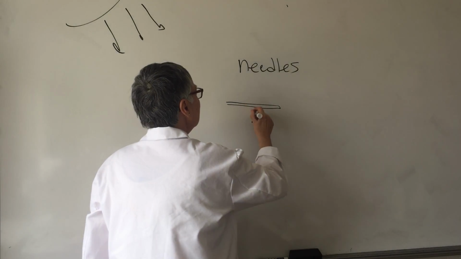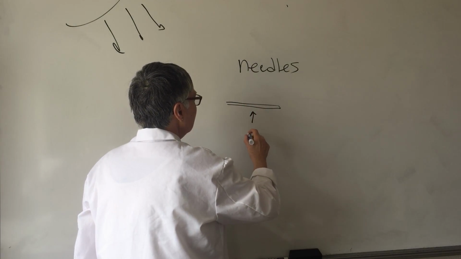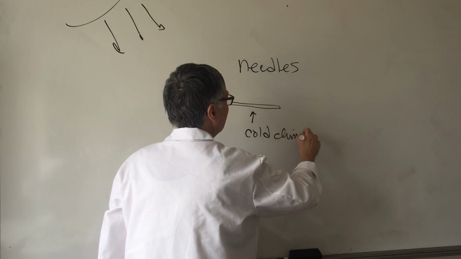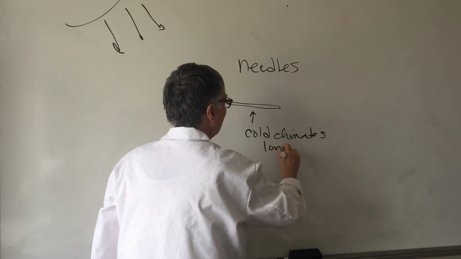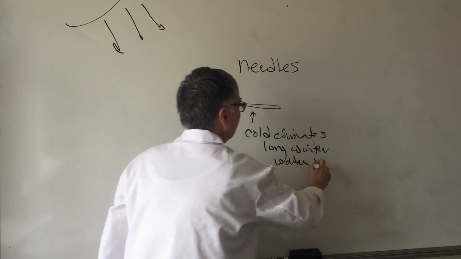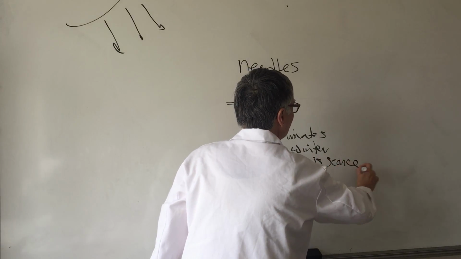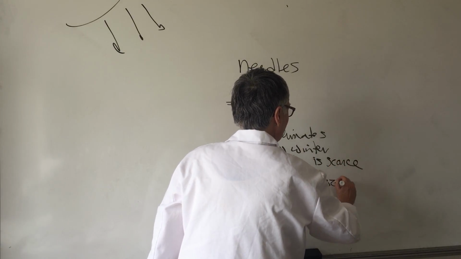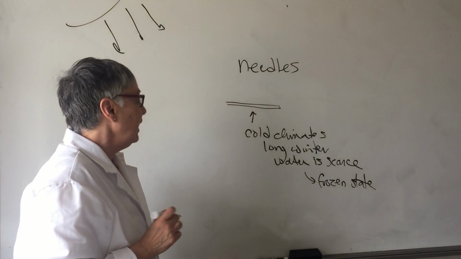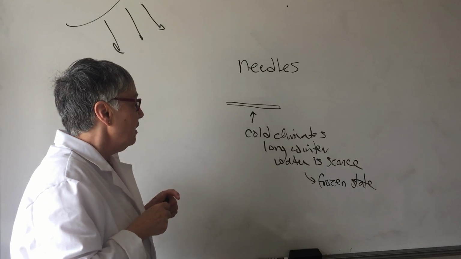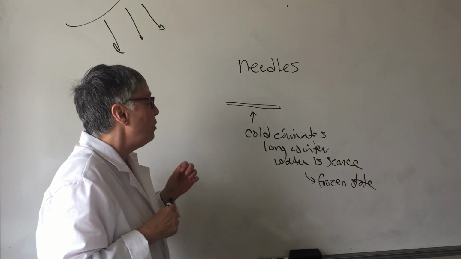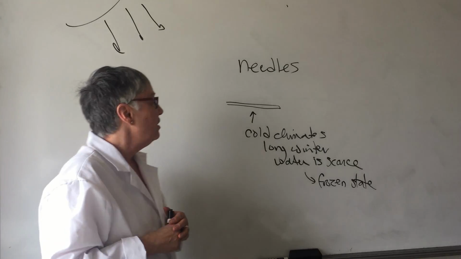The reason that these are very thin, we're going to see these primarily in cold climates where there are long winters. Water is scarce because it's usually in a frozen state, and therefore, we have a problem with water loss.